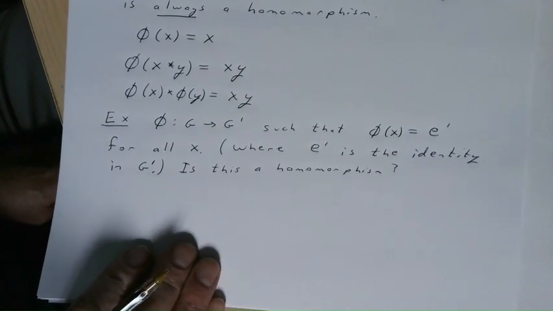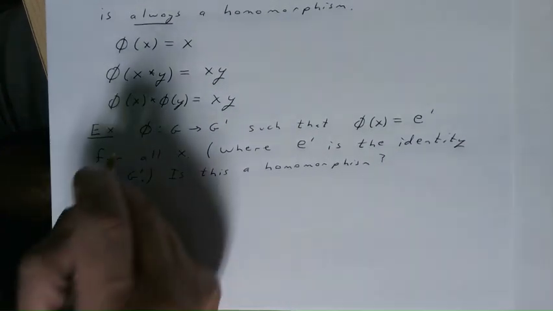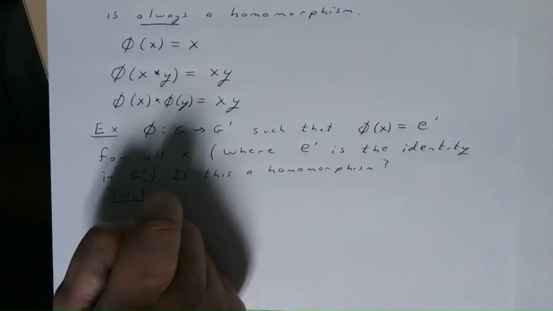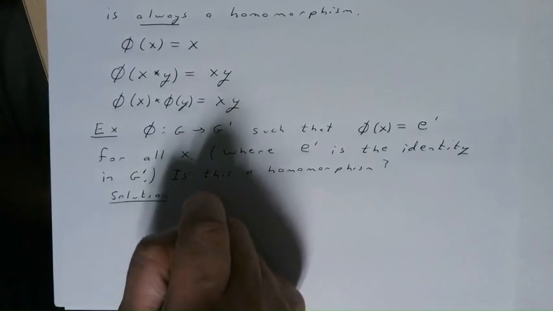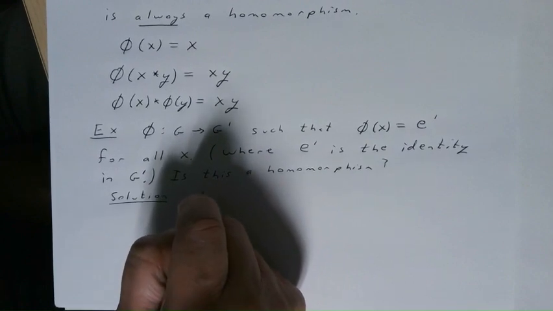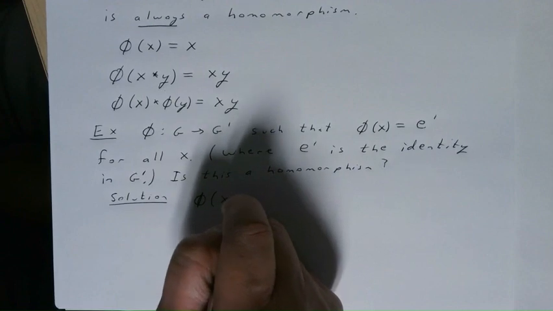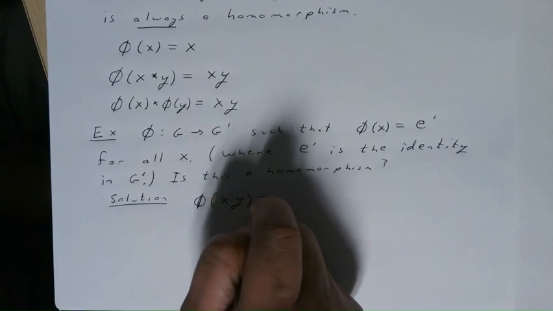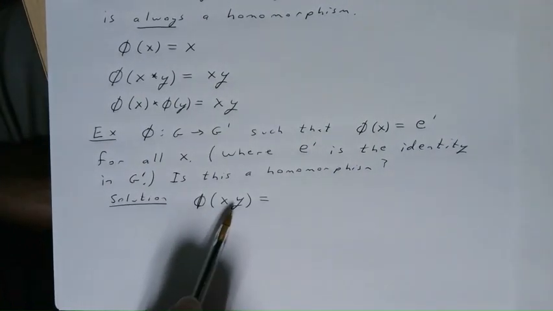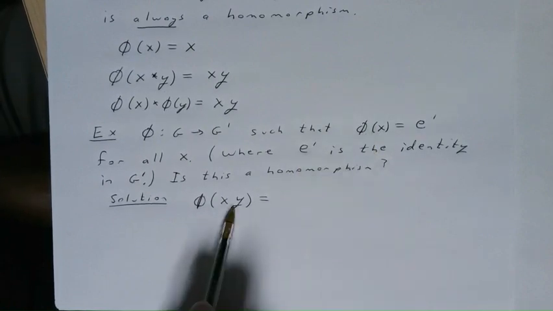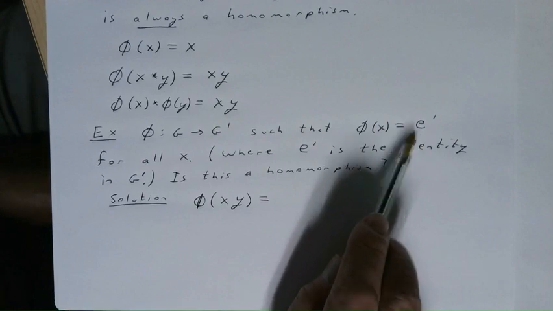Let's try this. Again, if we did our phi of x y, whatever our binary operation is, according to this, whatever you put in here, you're going to get the identity.